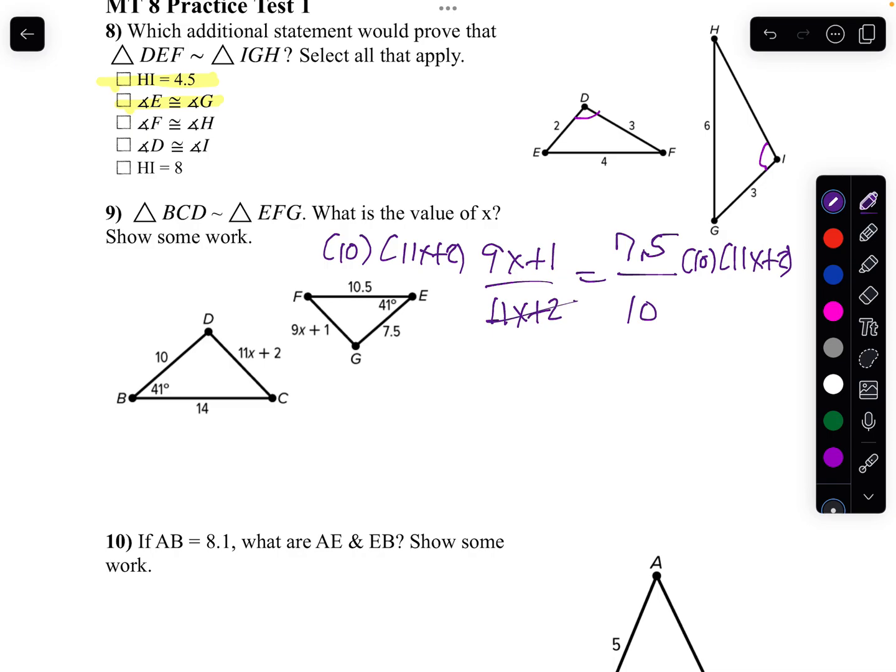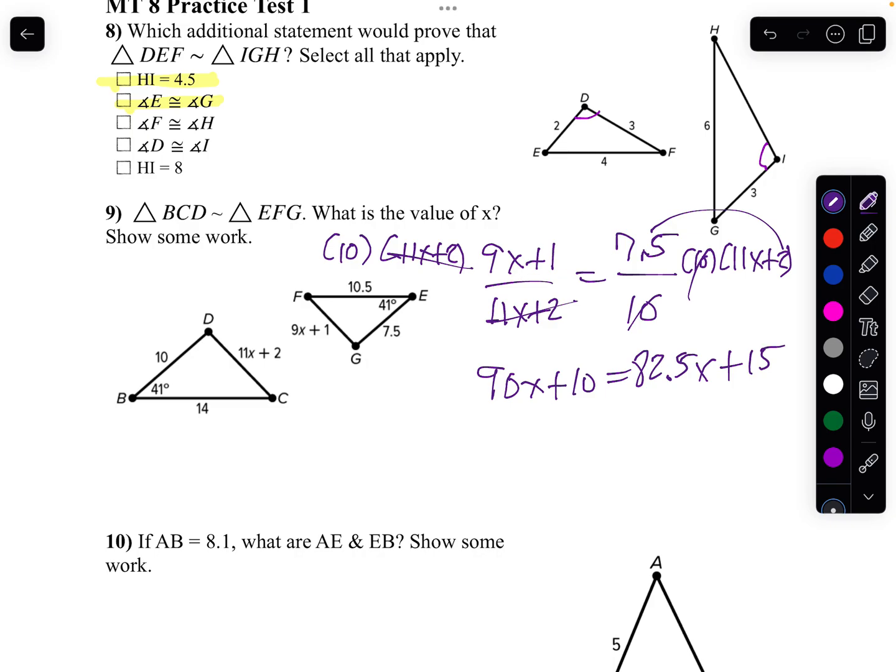My 11x plus 2 is reduced on the left-hand side, so we get 90x plus 10. Over here, the 10's reduce, so then we're going to take 7.5 times 11, and that'll be 82.5x, plus 15, because 7.5 times 2 is 15.